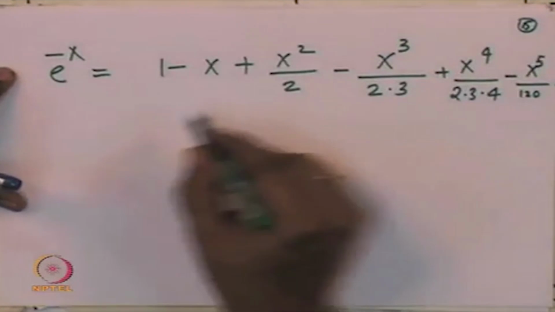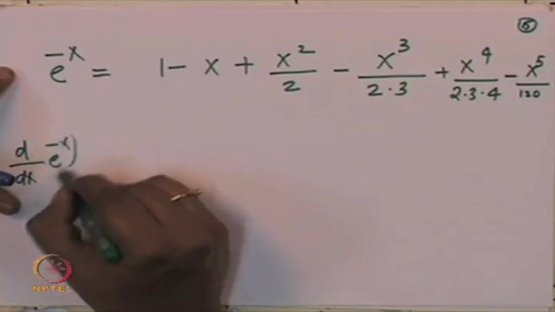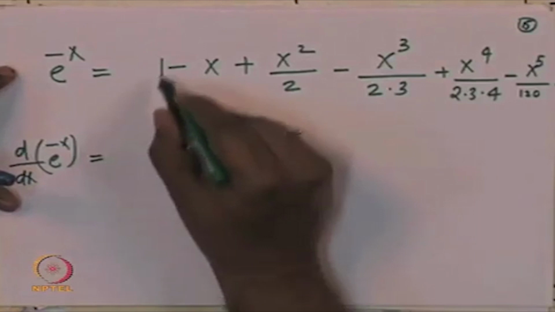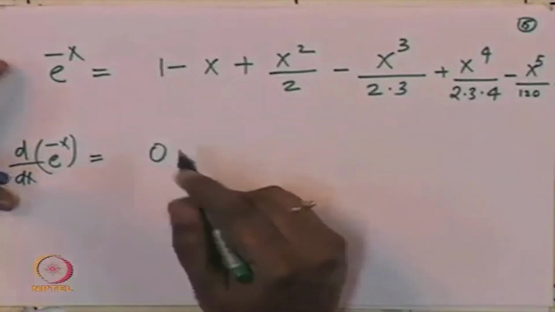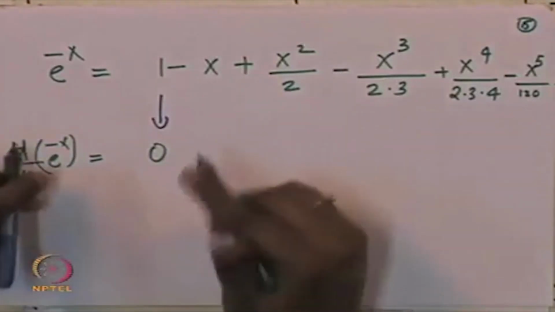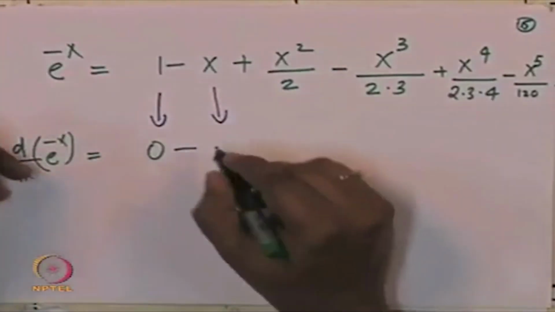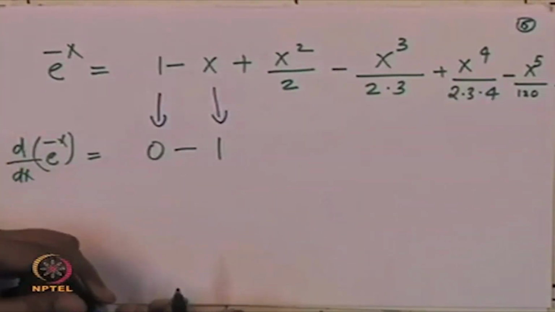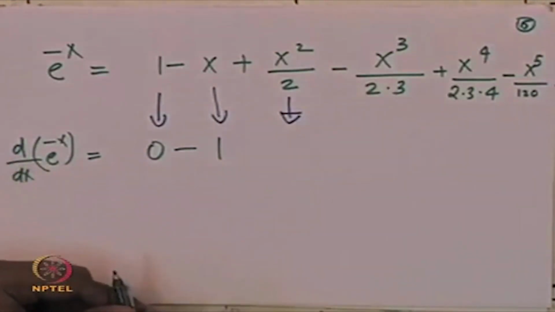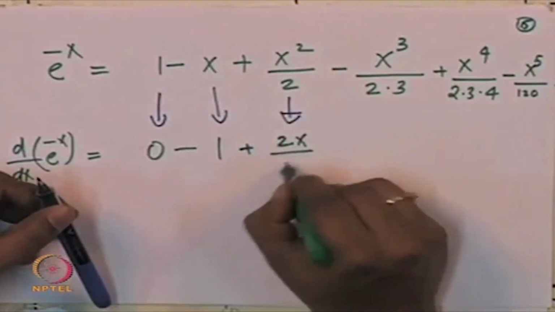Now we want to find d by dx of e power minus x. You can find the derivative of each term. The derivative of 1 is 0. Then you have minus the derivative of x, which is 1. The derivative of x square is 2x, so you have plus 2x divided by 2.